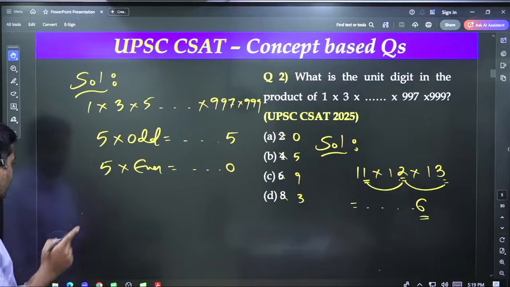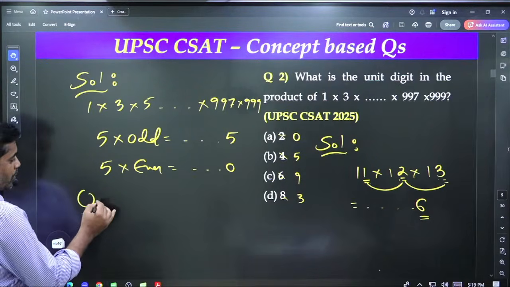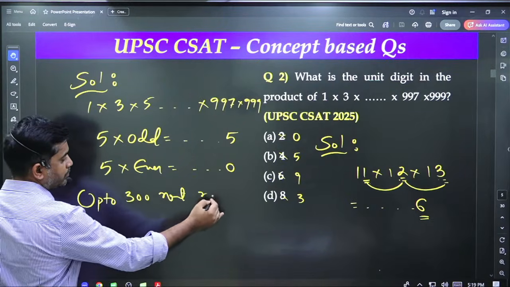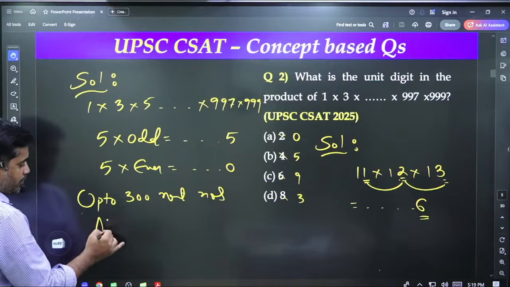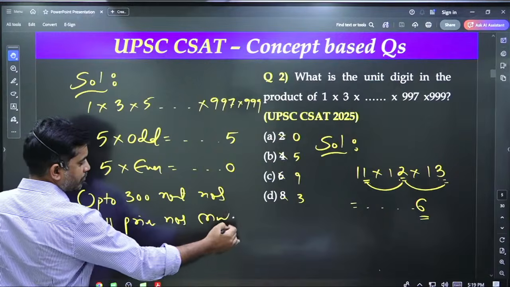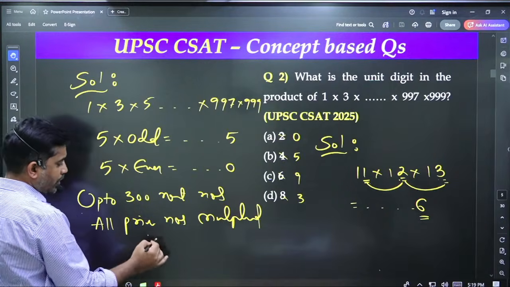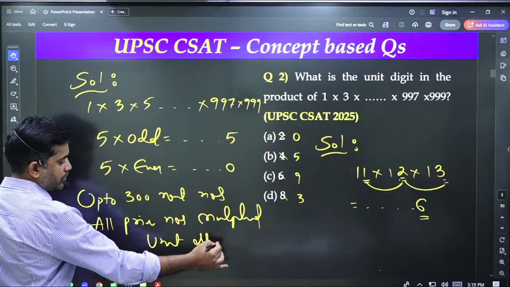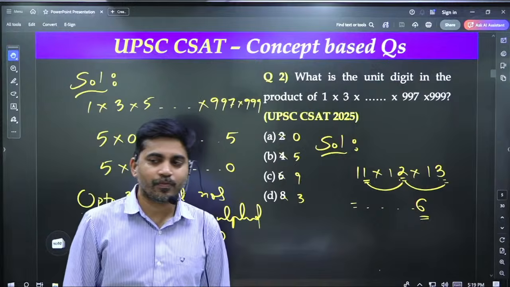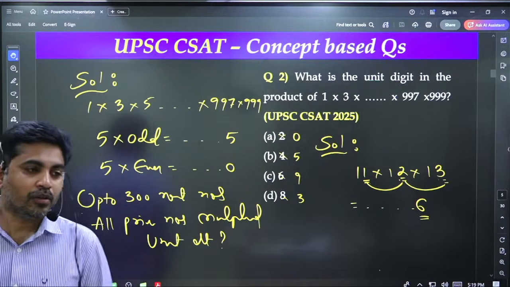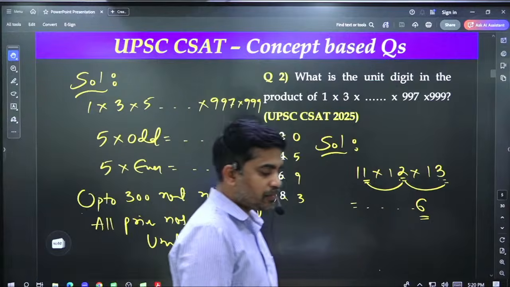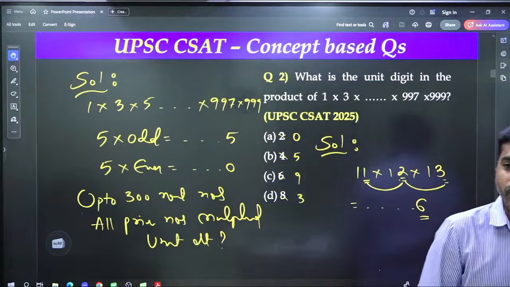This was also asked 2 times: up to 300 natural numbers, all prime numbers multiplied. What is the unit digit? This is the question. Up to all 300 natural numbers, all prime numbers multiplied. What is the unit digit?